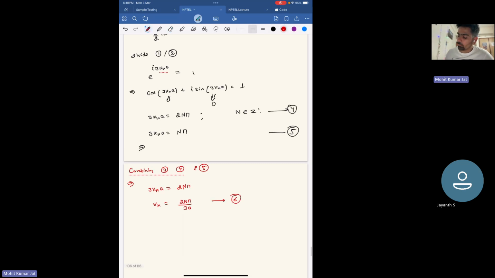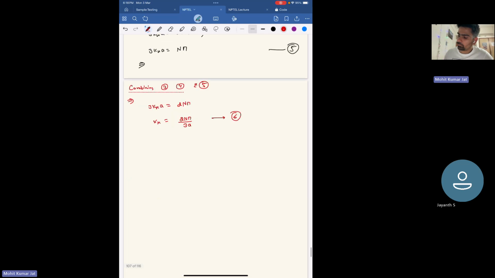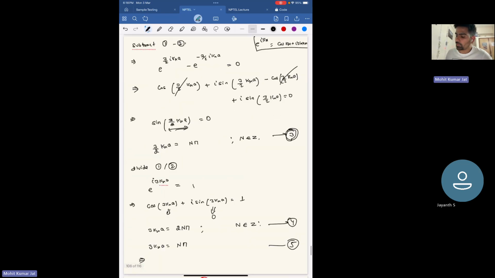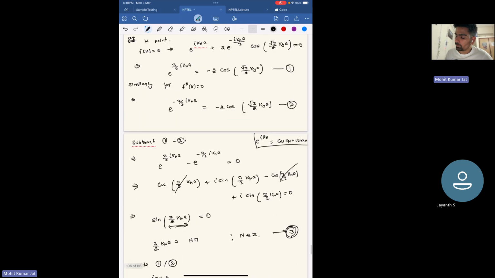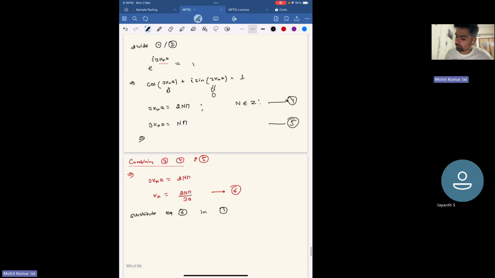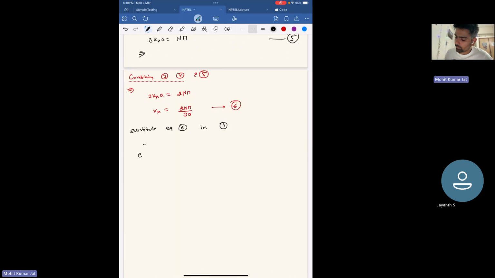Now let's substitute this in equation 1, maybe. Substitute equation 6 in equation 1. So if you substitute it, what will it be? e to the power 3/2 i kxa equals 2, minus 2 cosine, I think, root 3 by 2 k by a.